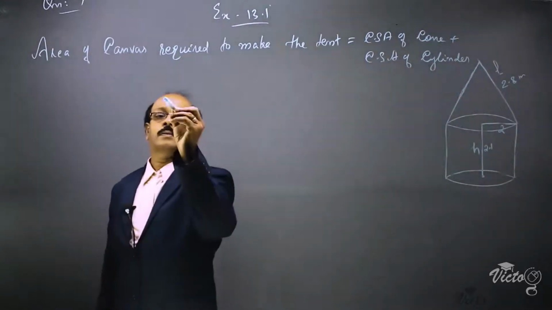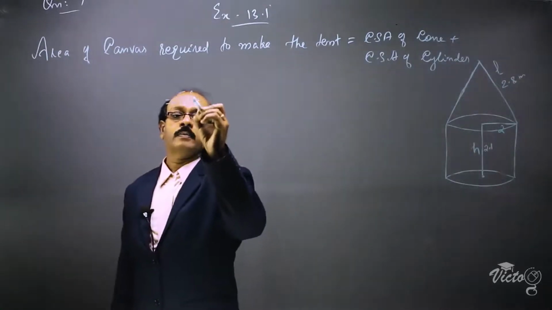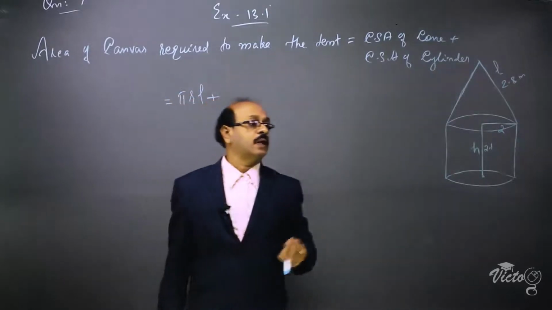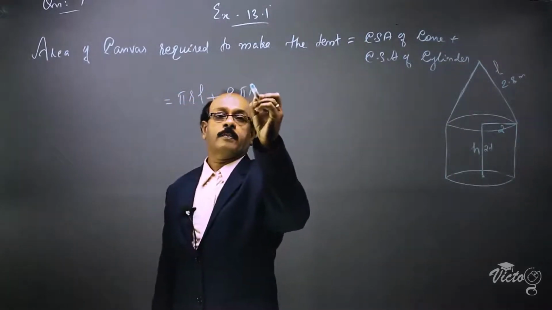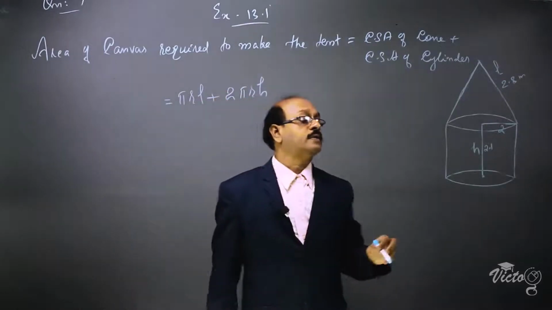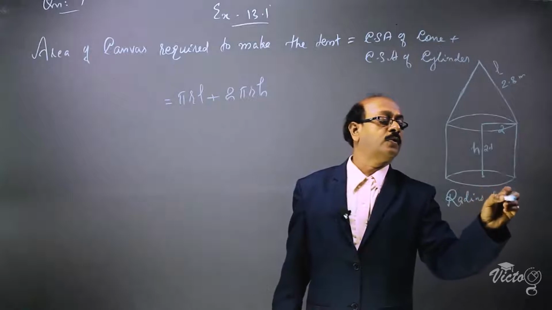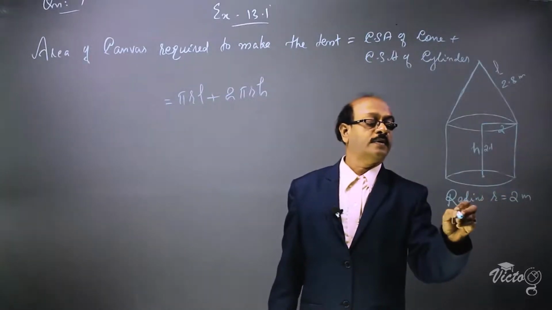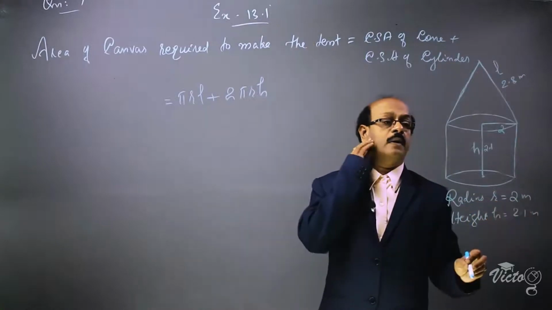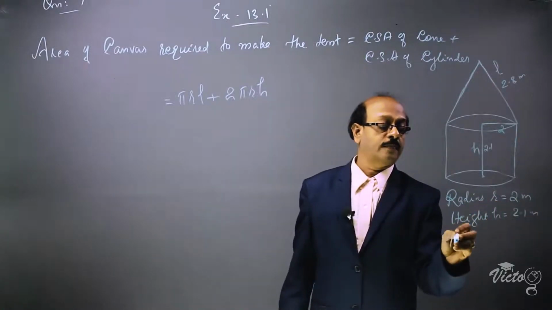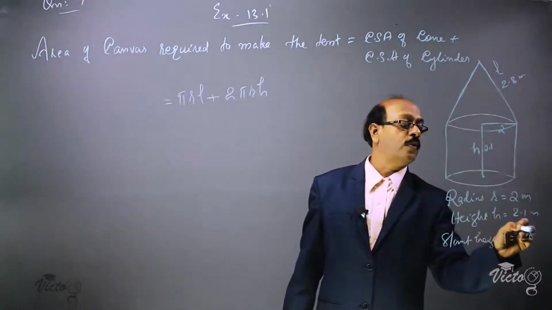CSA of cone formula is pi r L, plus CSA of cylinder is equal to 2 pi r h. Here radius r is equal to 2 meter, height h is equal to 2.1 meter, and slant height L is equal to 2.8 meter.